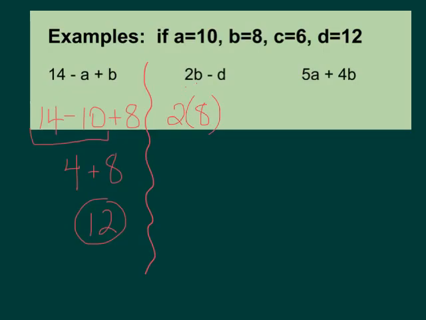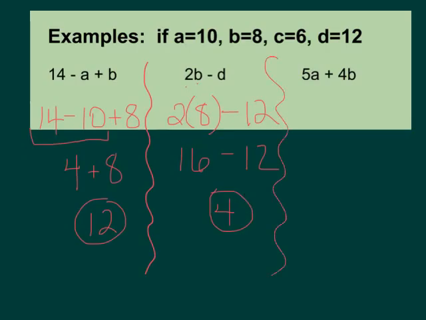We substituted an 8 in for b, minus the value of d, which up there says is 12. Okay, we've got a multiplication problem and a subtraction problem. Order of operations says multiply first. So 2 times 8 is 16. Bring down the minus 12. 16 minus 12 is 4. So the value of this expression, 2b minus d, given b is 8 and d is 12, is 4.